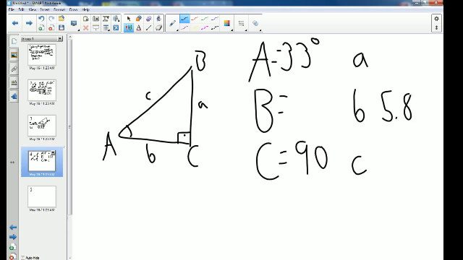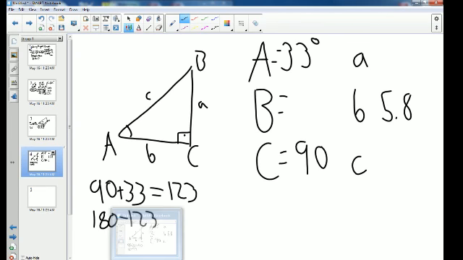Okay, so first we're going to find angle B, and to do that we know that a triangle is 180 degrees. So if we add C and A together, that equals 123, and we do 180, because 180 is the triangle, minus 123 is 57, which is our third angle.